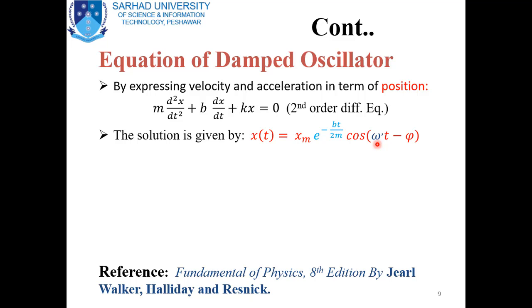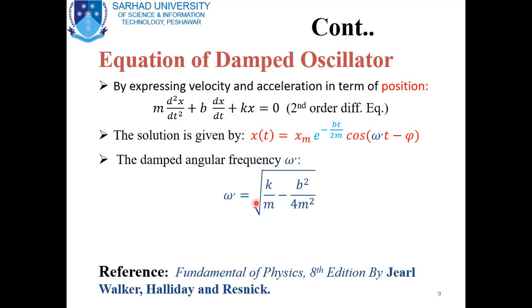This is the frequency of the damped harmonic oscillator and is given by omega prime equals the square root of k by m minus b squared divided by 4m squared. So this is the extra term which comes in the case of a damped harmonic oscillator.